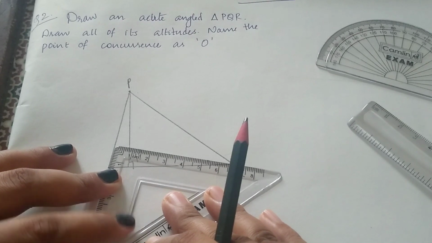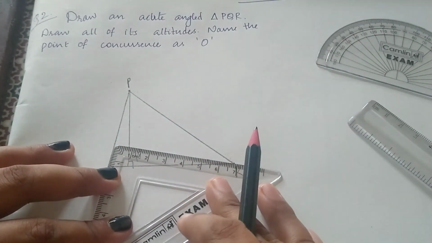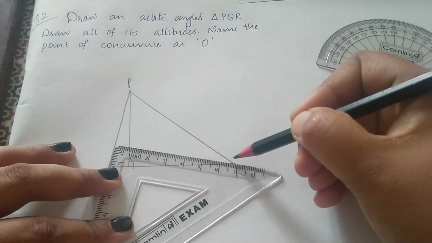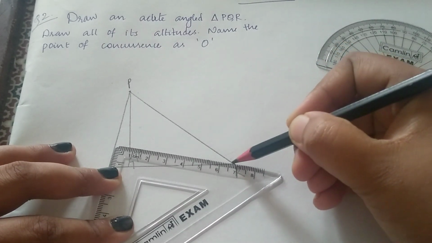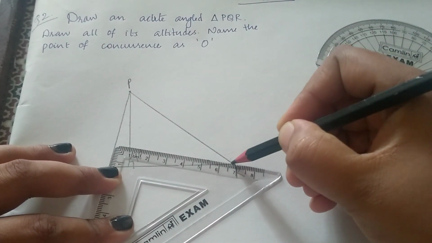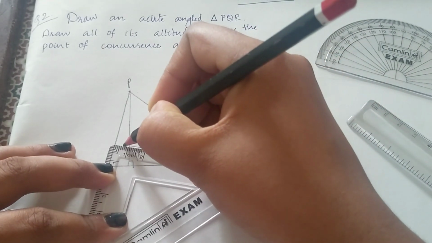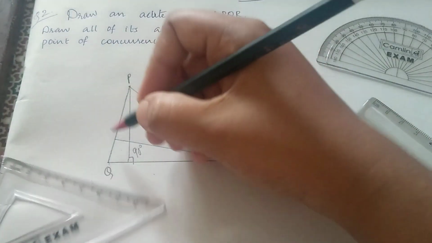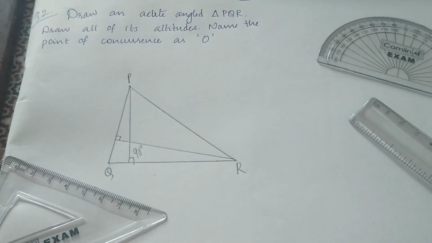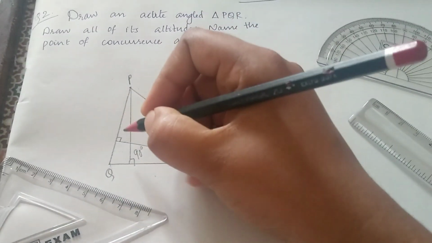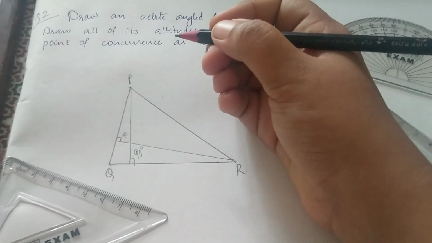Place the set square in such a way that it is lying on the side, and the vertex is at the center of the set square. We can place that and draw the perpendicular line over here. So here also we got an altitude. Clear? So this is very easy, there is not much construction.